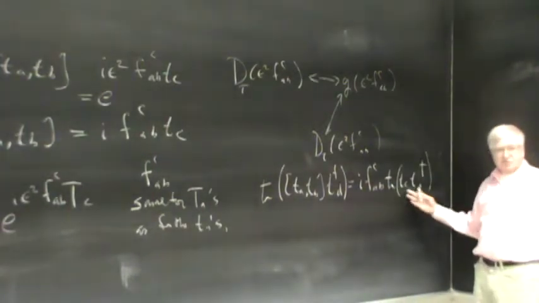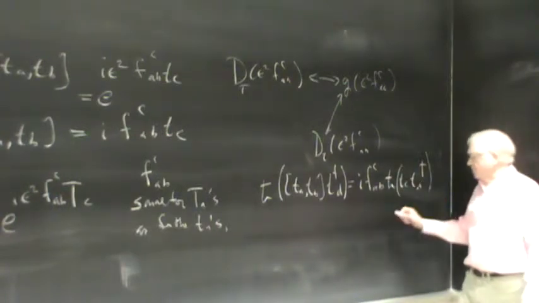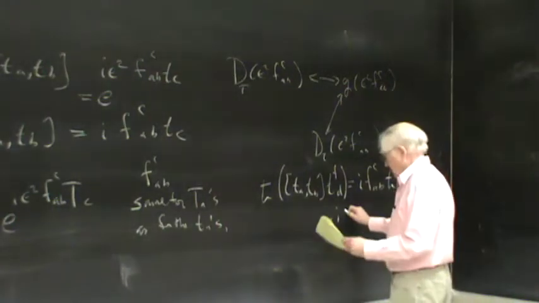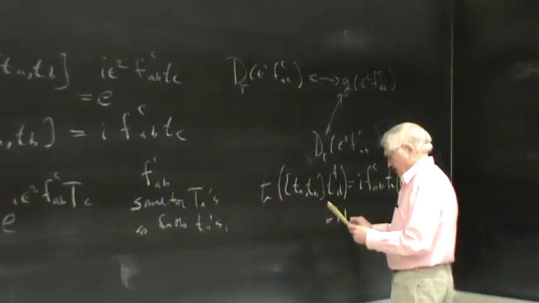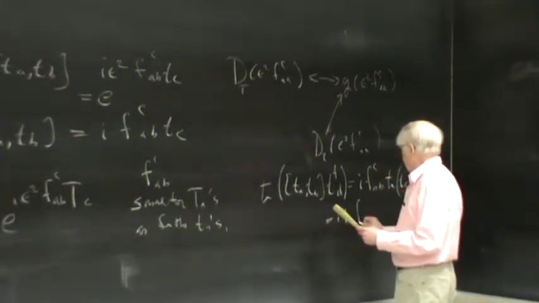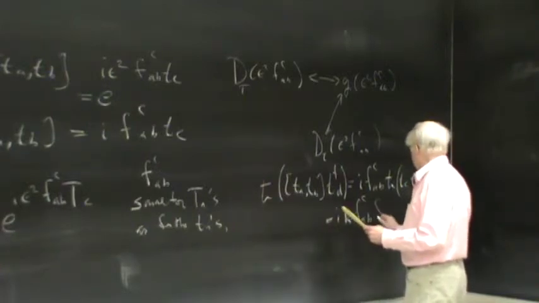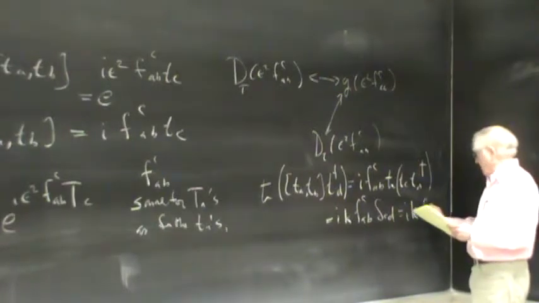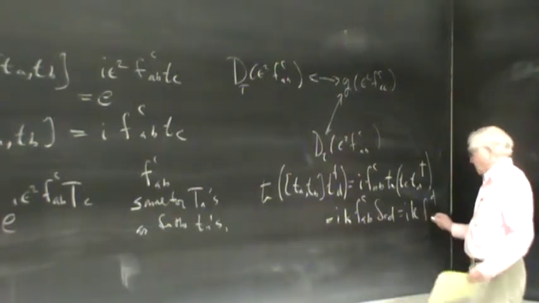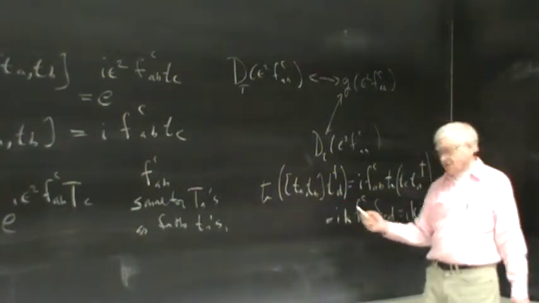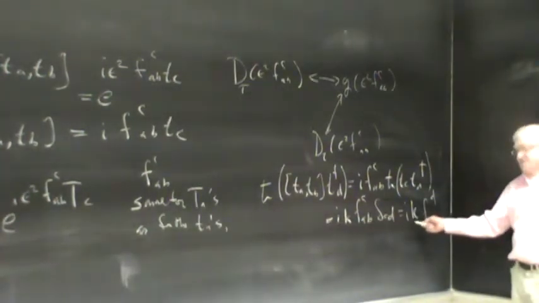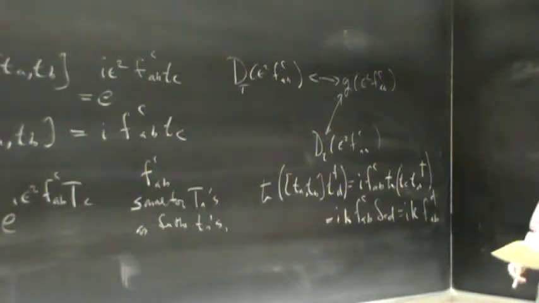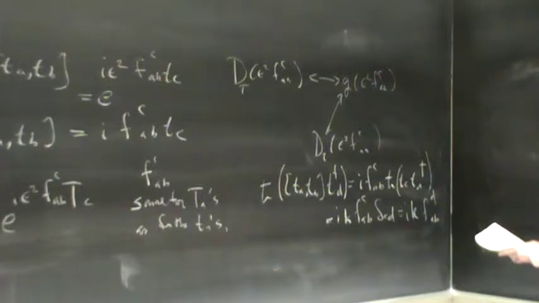But we've done the Hilbert-Schmidt thing on this, so this is equal to i, what is it? i over... sorry, i K f^C_AB delta_CD, which is to say i K f_DAB. So this trace is the structure constant together with this constant that's characteristic of the representation, I guess.